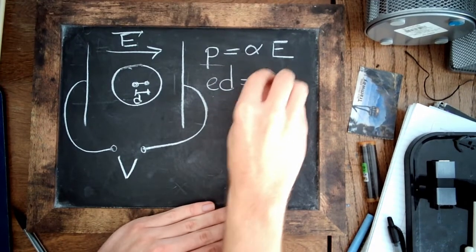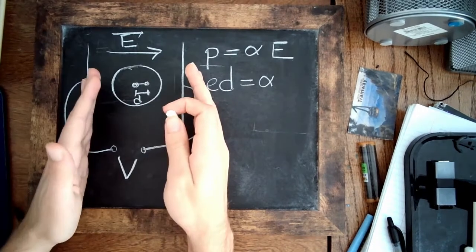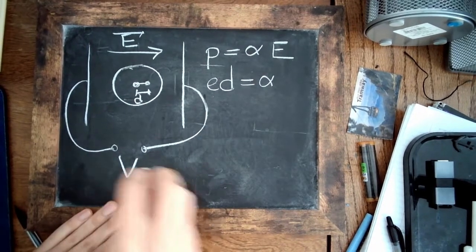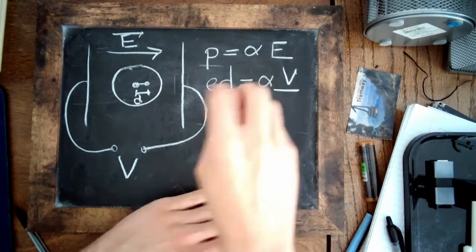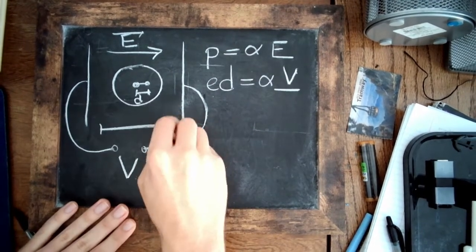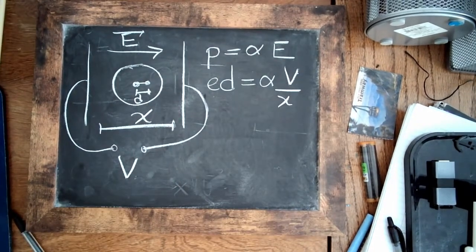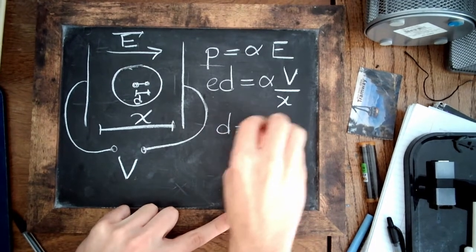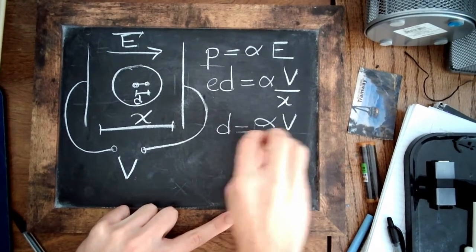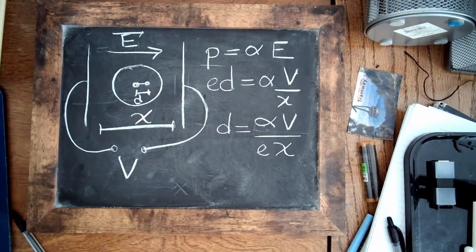So we can equate that to alpha times E. But if we just have these capacitor plates charged with the voltage V, we can write down E as V divided by the separation of the capacitors, X. So rearranging all this, we get alpha V over e times X as our separation distance.